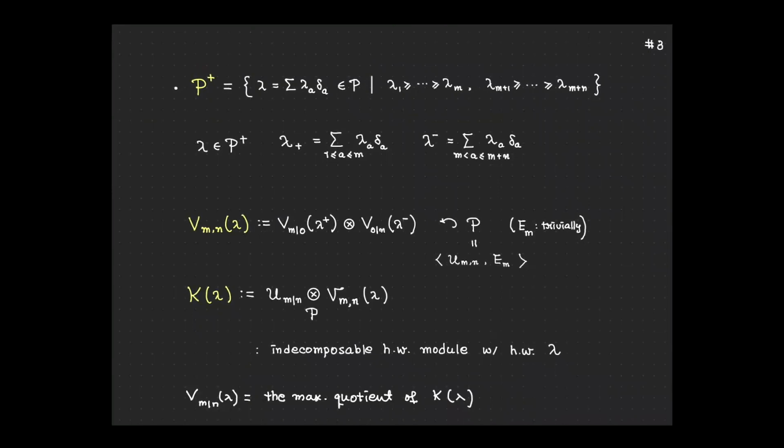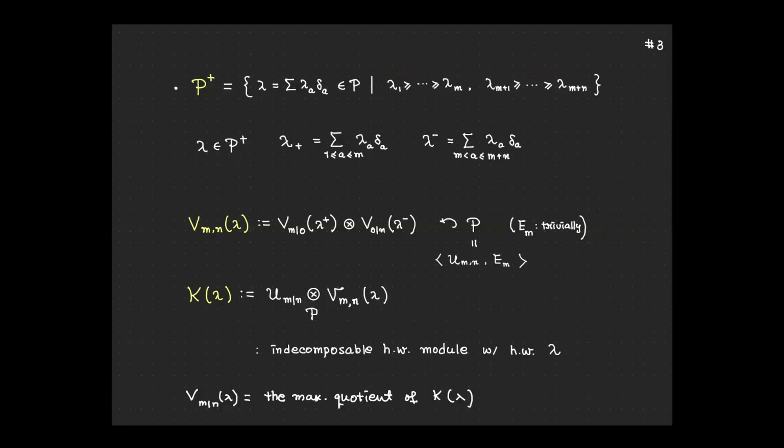So the first m coefficients are weakly decreasing, and also the remaining coefficients are weakly decreasing. Let me denote by lambda^+ the first dominant integral weight, and lambda^- the next dominant integral weight.